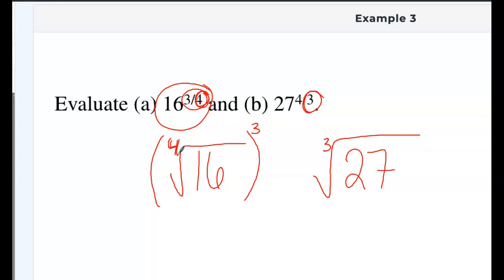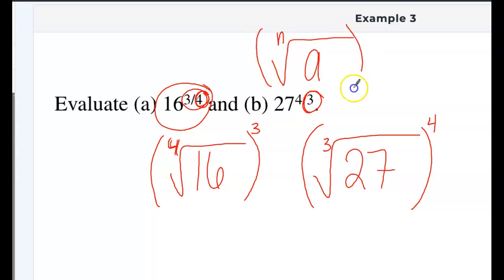Now I have to have the parentheses, and what's my numerator? 4. The way the book writes it, I believe, is a to the m over n is the same as the nth root of a, raised to the m.